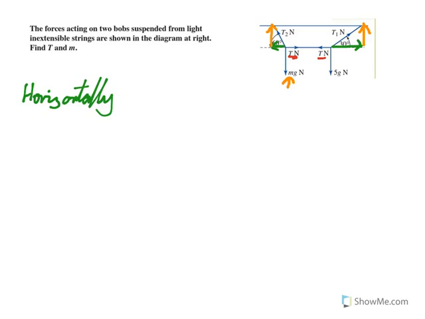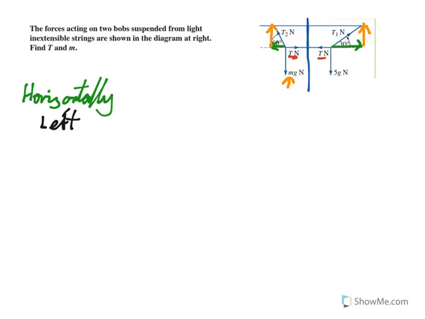Now horizontally we need to also split it in half, say like through there, and we need to look at the left and the right one separately. So the left hand one, what have we got on that one?